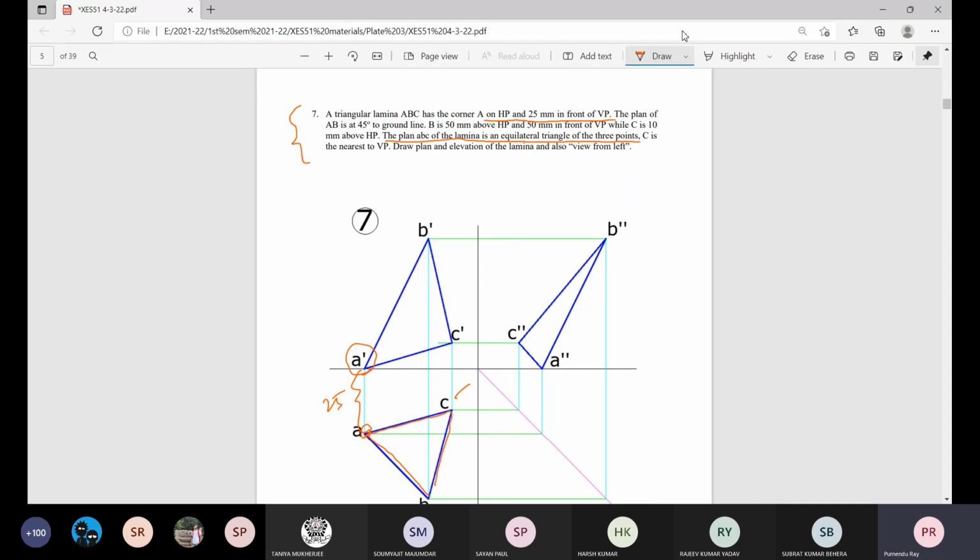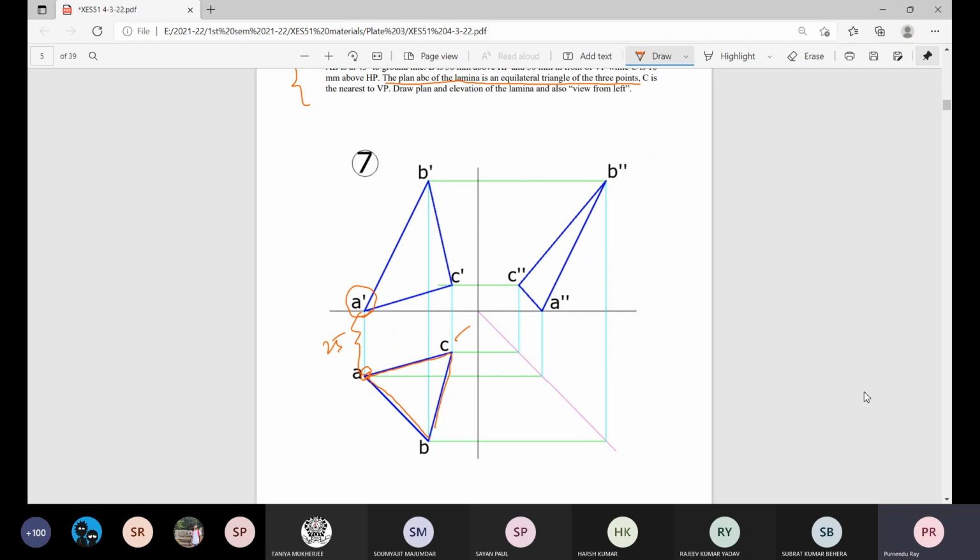Now the plan of AB, that is small a small b, will definitely be available in the plan. A is already known. So from that A, draw a line at an angle of 45 degrees.